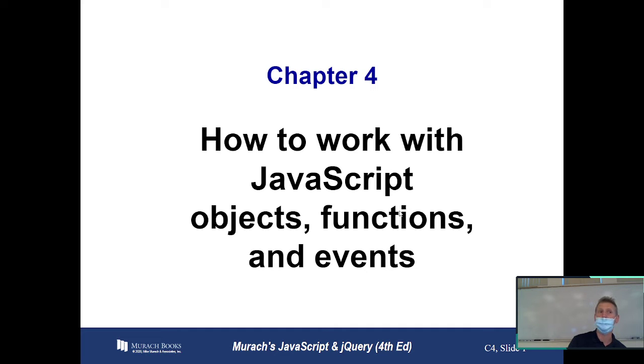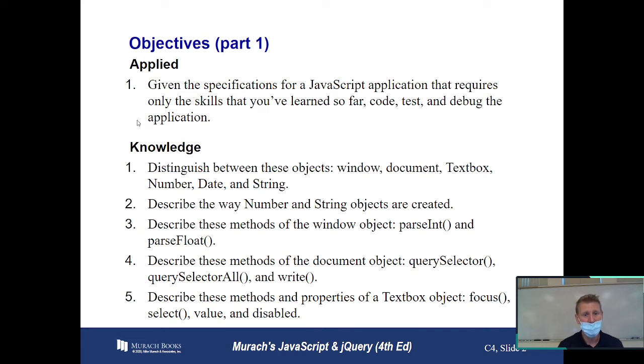And so what are the built-in things that we can work with, the built-in JavaScript objects? And so we get into some of these objects being window, document, text box, number, date, and string. How these things are created, some of the different methods they have, like parseInt and parseFloat. You might not realize that you've been using them, but where do those come from?